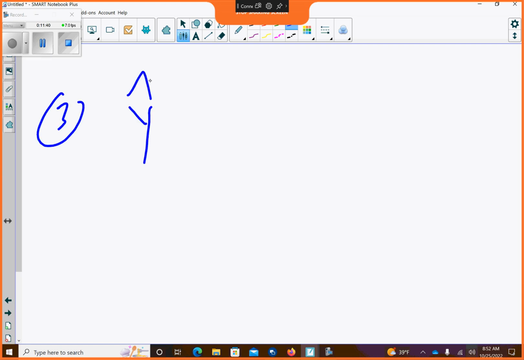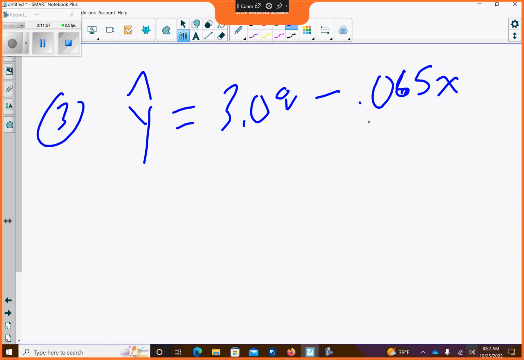They might have it as y hat equals, and a lot of times they're going to have it slightly out of order. They put the y hat because that just basically means we're getting an equation off of our data.